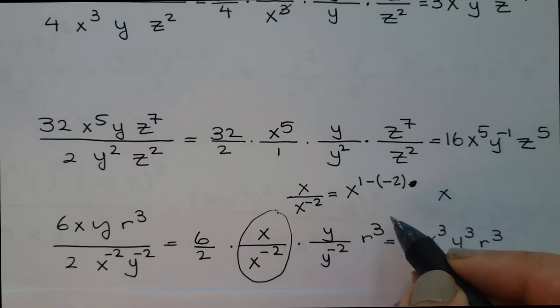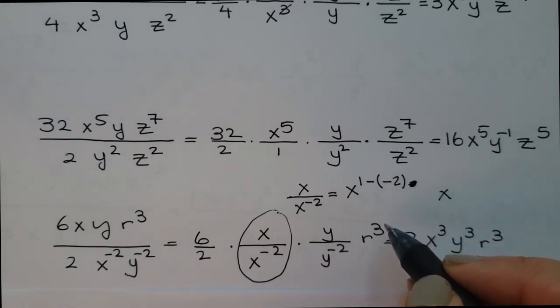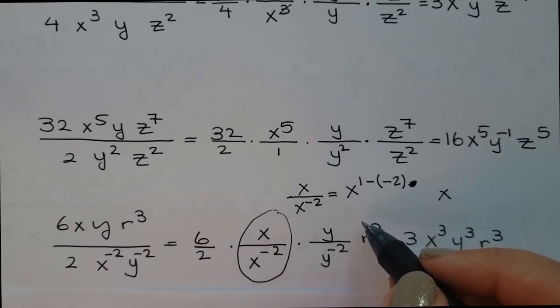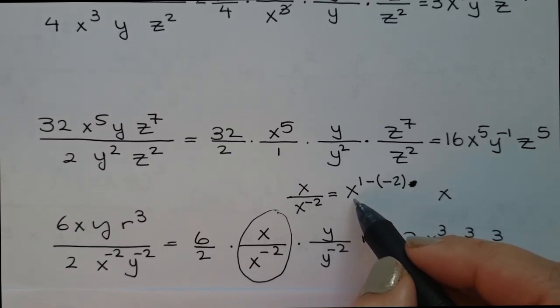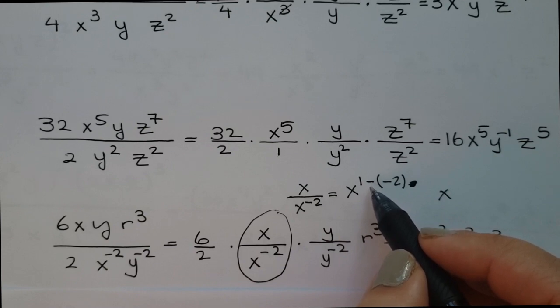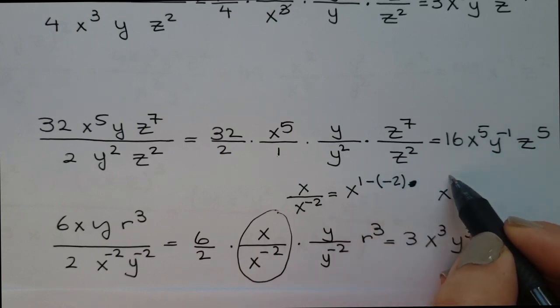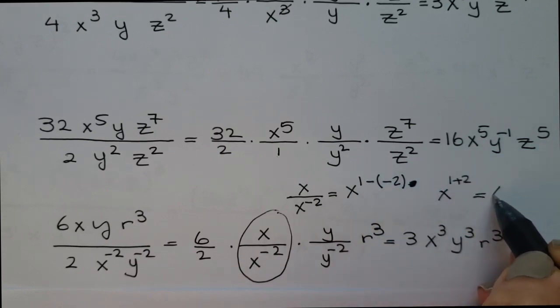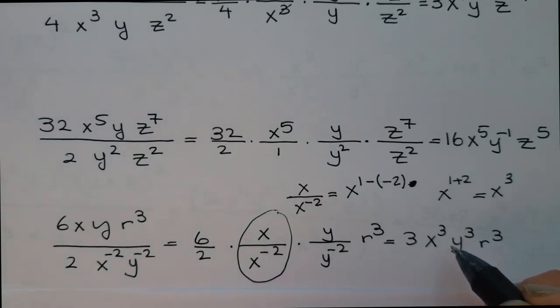Unlike addition, where the exponents are added, for division, the exponents are subtracted. So x, 1 minus negative 2, it's 1 plus 2, so x to the power 3, okay? Or x to the power 3.